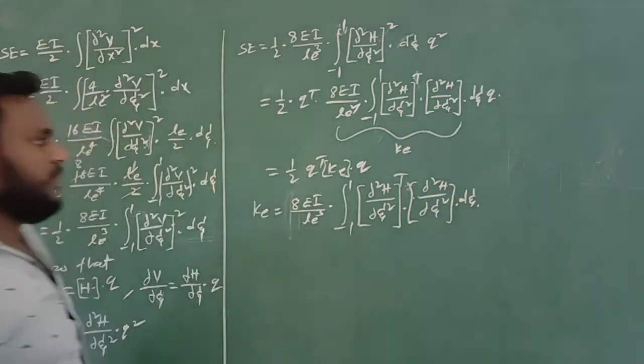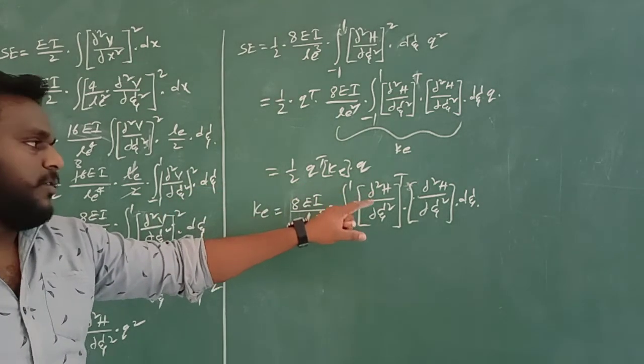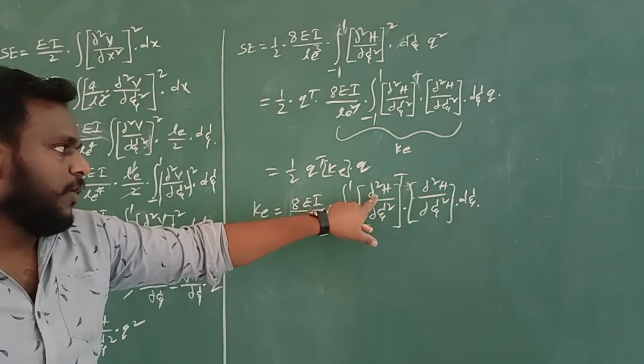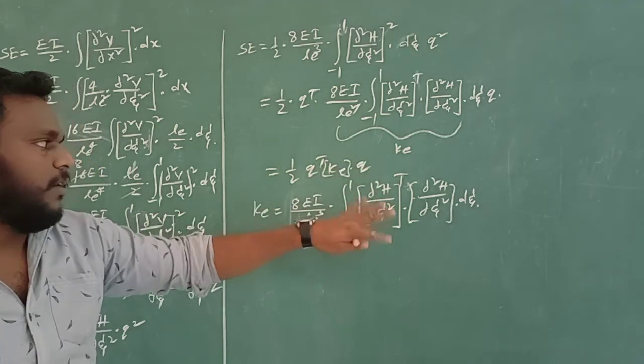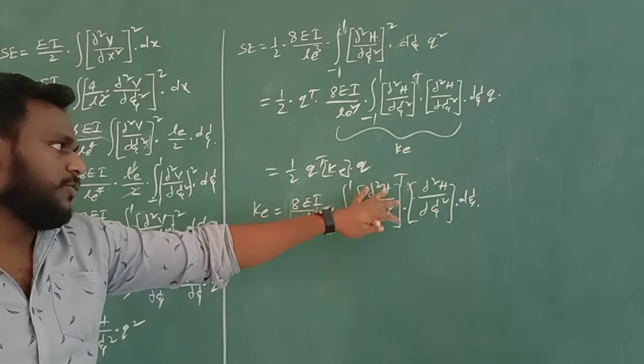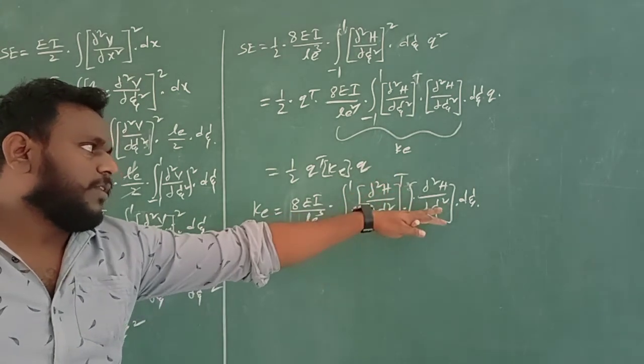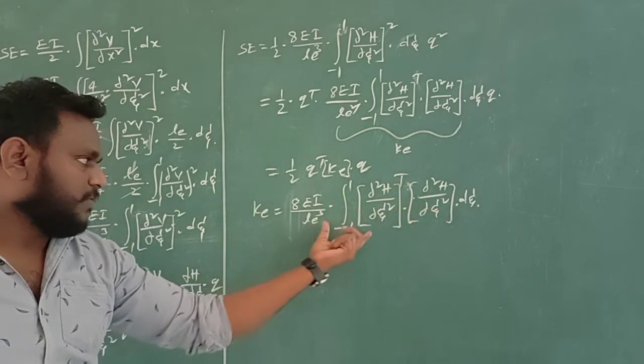This is the stiffness matrix for this element. So first we have to find ∂H/∂ξ and then differentiate twice. We will get ∂²H/∂ξ², so multiply with transpose and multiply with the normal matrix, and we will get the stiffness matrix easily.